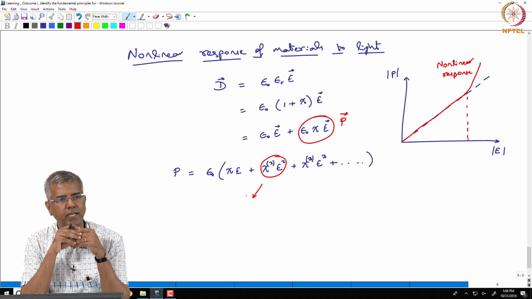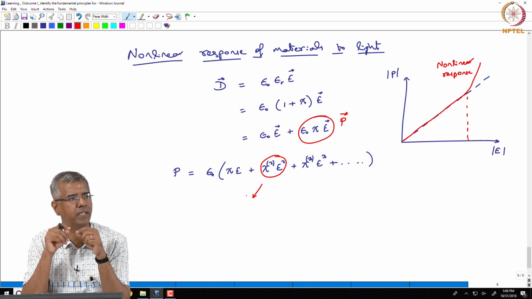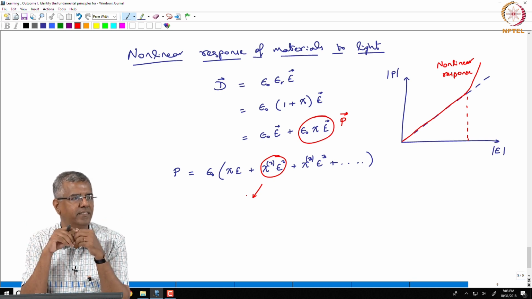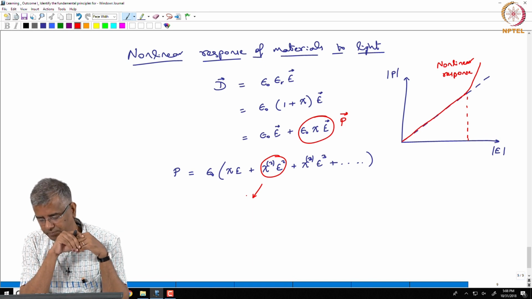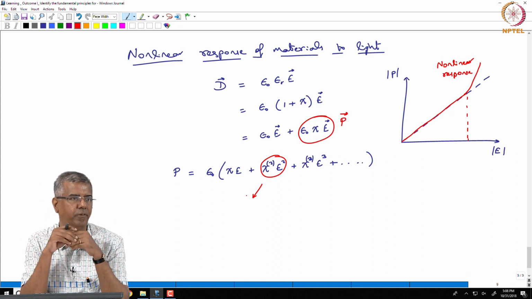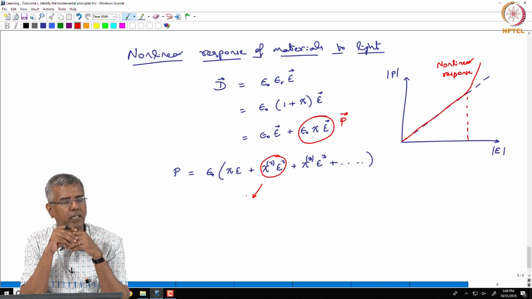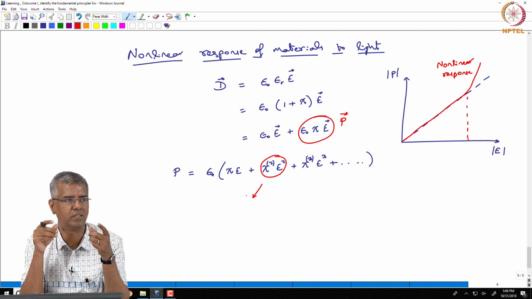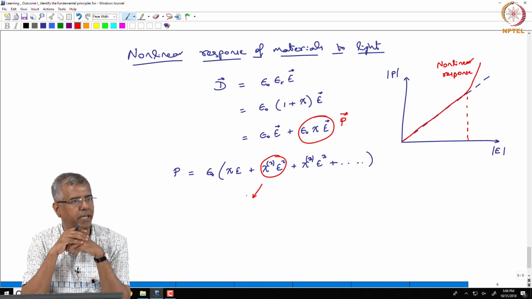That electric field was corresponding to the electromagnetic wave that was traveling through that material, right. That was the excitation that we were considering there. But now we are saying that if you have another field, okay, you could get a mixed response. You could have two fields mixing through this chi 2 term.